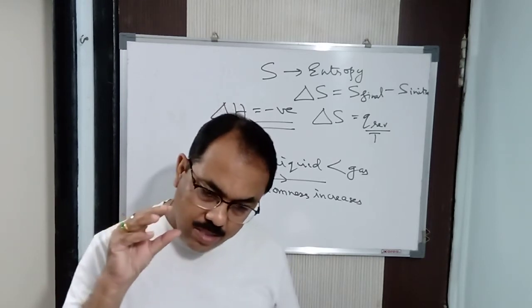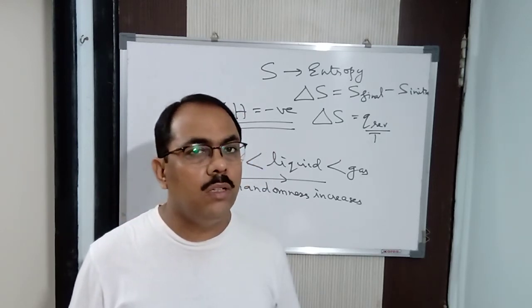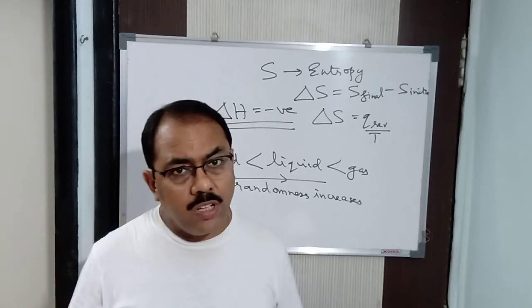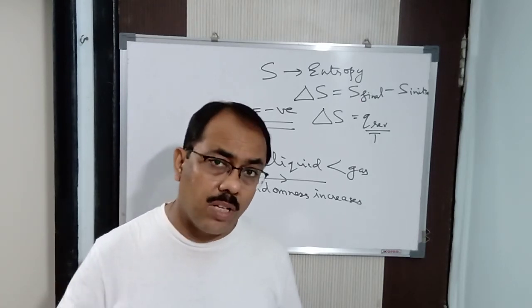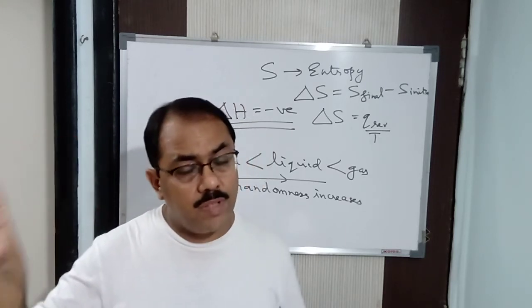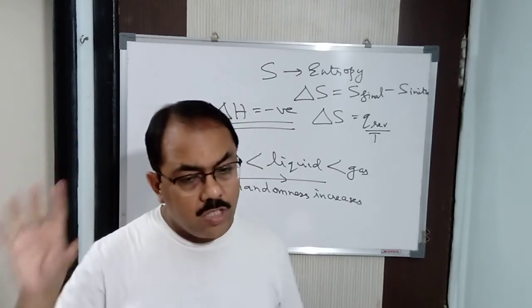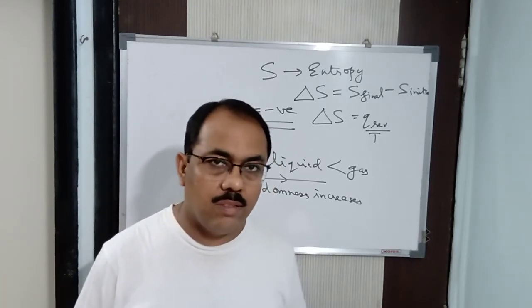So hence it is practically very difficult to measure the absolute entropy of a particular system. Absolute means total entropy of a particular system, because total entropy is entropy of the system plus entropy of the surroundings. And as I said it is not easy to measure the entropy of the surroundings. But I don't say it is impossible.